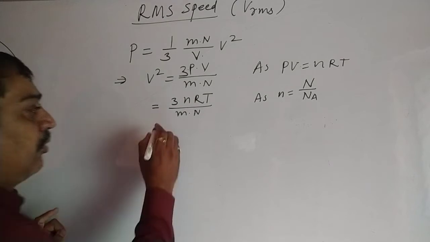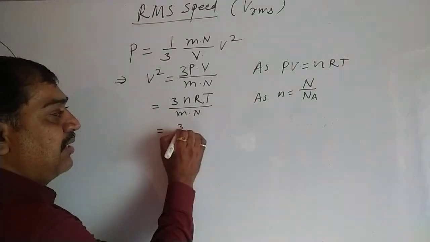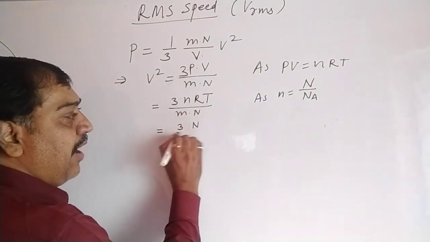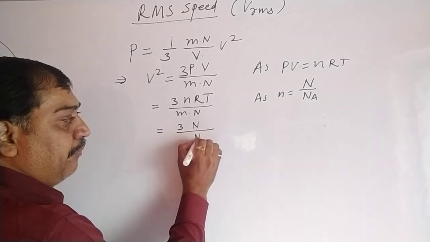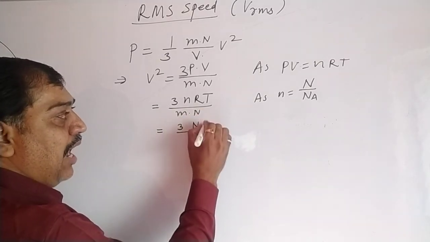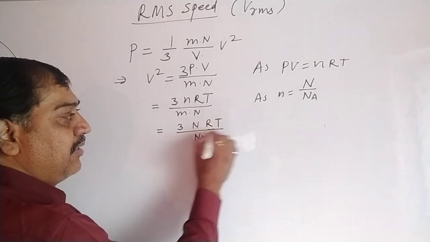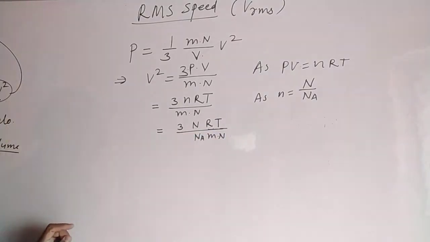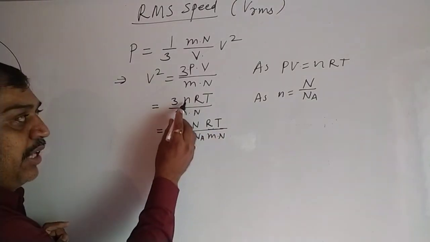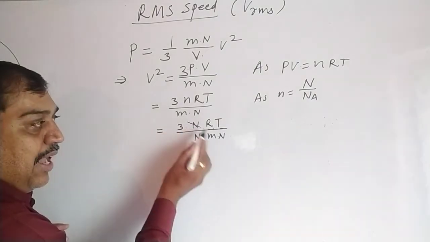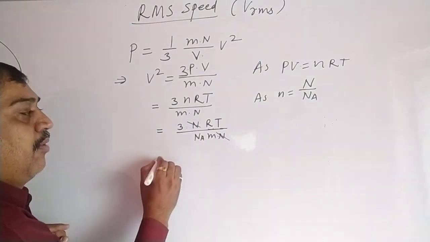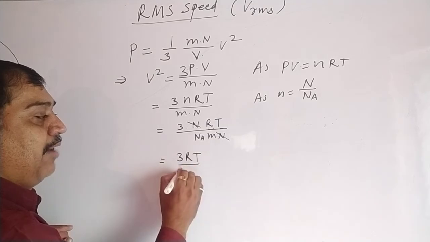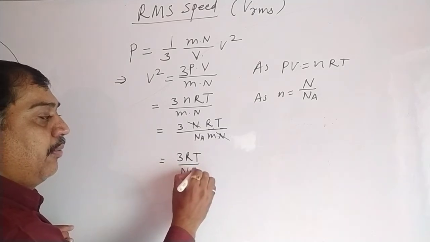Put it here, so we can write thrice capital N divided by Na, R as it is, T as it is, and m into N as it is in the denominator. Now this N cancels out. What is remaining? Thrice RT divided by Na into m.